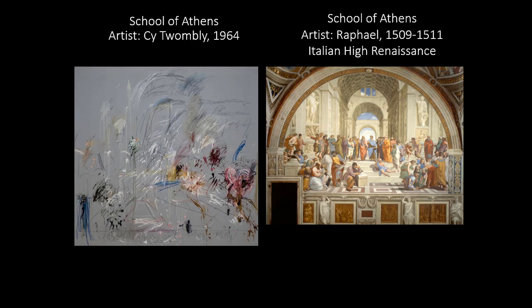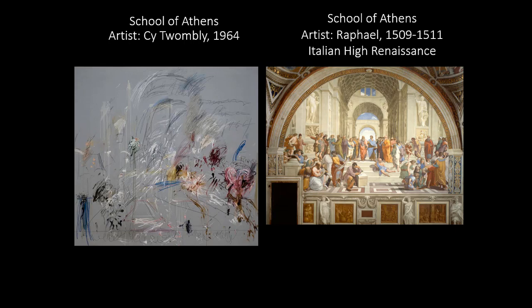Now in this work, the setting is not a school per se, but more so a congregation of great philosophers and scientists of the ancient world. And we see them congregating here. They're sharing their ideas, they're conversing as a means to collectively understand the complexities of the world around them.